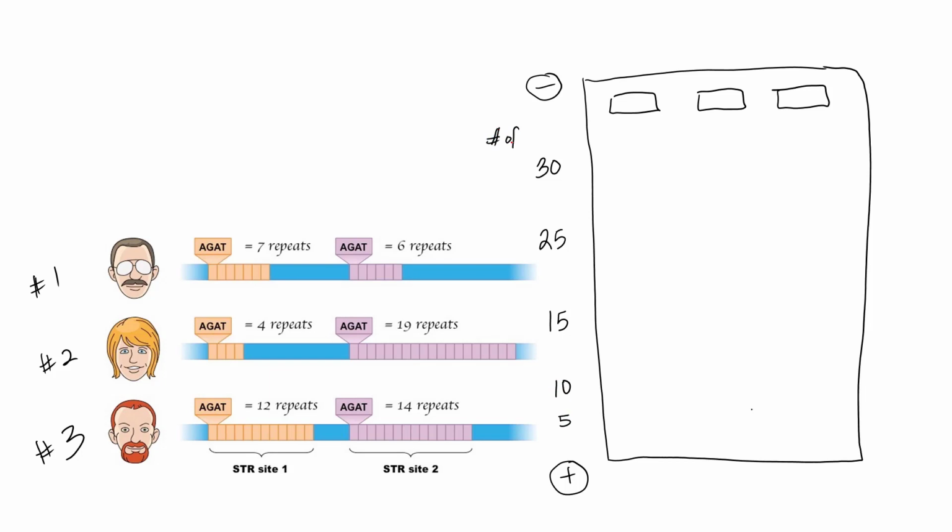This is going to be for number of repeats. Reference spot. Okay, so we have suspect 1, suspect 2, suspect 3. So let's see here.